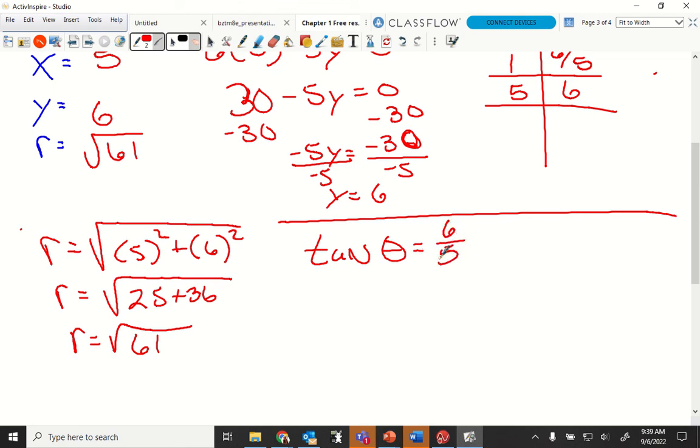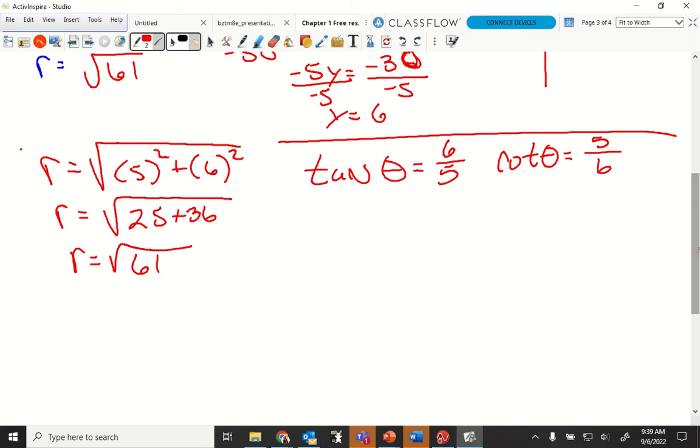All right, how about cotangent then? It's going to be 5 over 6, because cotangent is the reciprocal. And then sine is y over r, right?